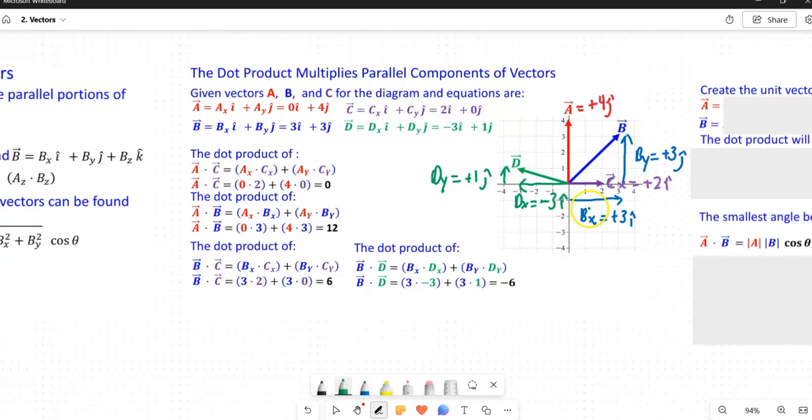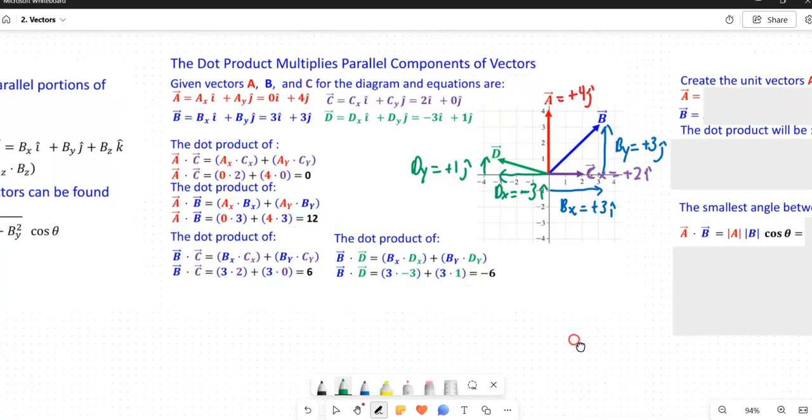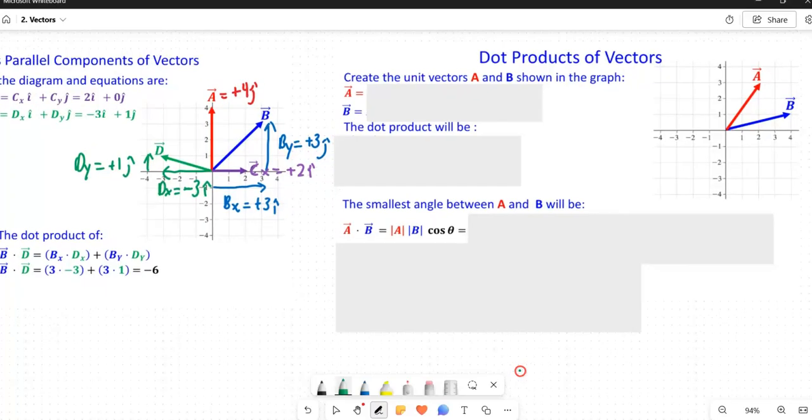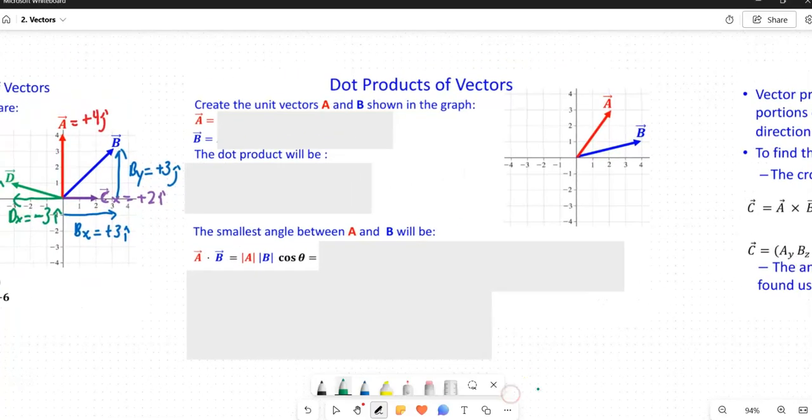So our answer should be negative 9 plus 3, which will be negative 6. Let's see if it works. So BxDx is 3 times negative 3 plus ByDy, which will be positive 3 times positive 1, negative 6.